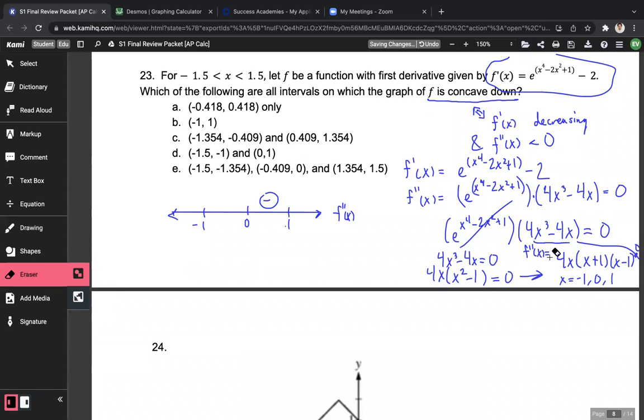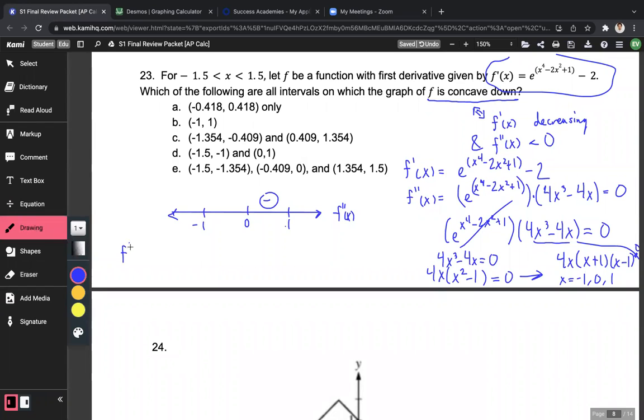Let me try and redo that so that we can actually follow along with that. I said in its simplest form, f double prime of x equaled 4 times (x plus 1) times (x minus 1). All right, working with that second derivative now.